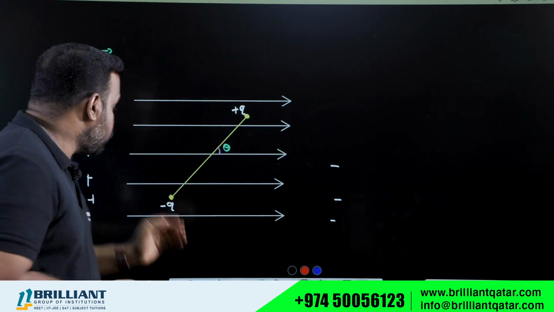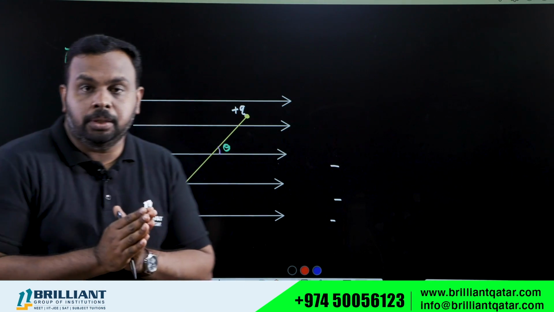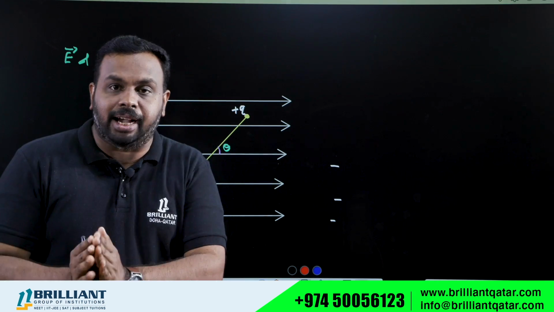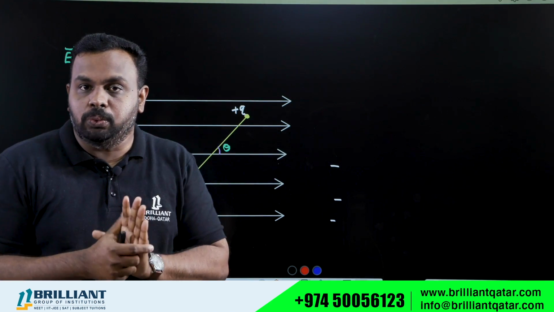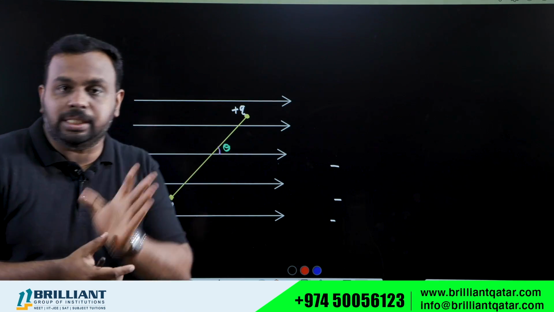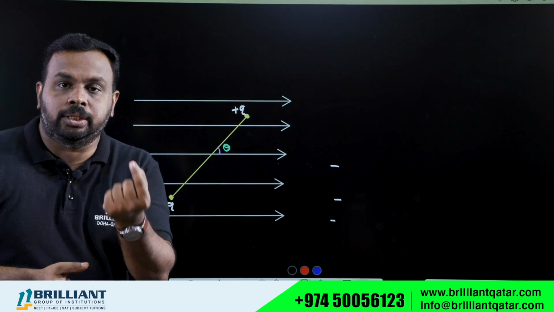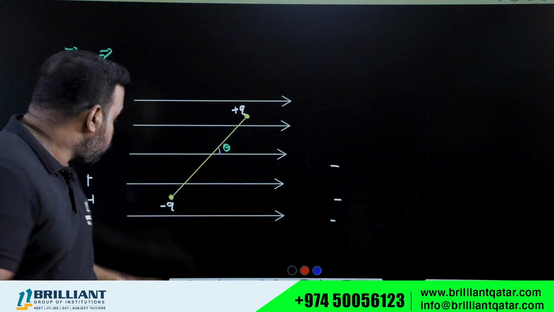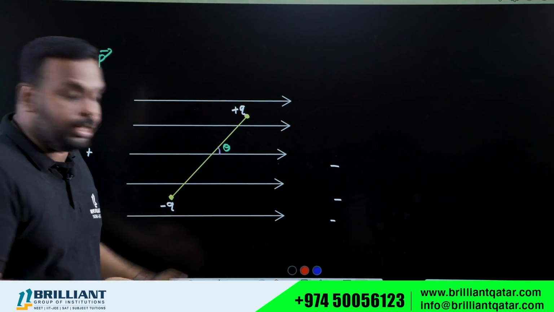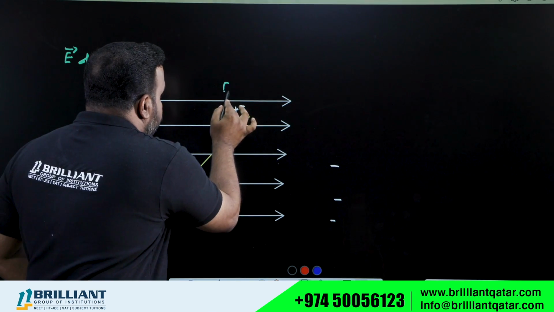All of you concentrate on the minus q charge. Minus is its sign. What is the magnitude of the charge? q. So a charge q is kept in an electric field. What is the magnitude of the electric field? We have taken E as the magnitude of this electric field.